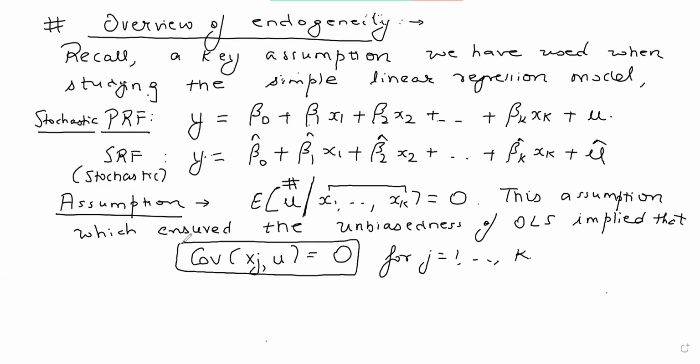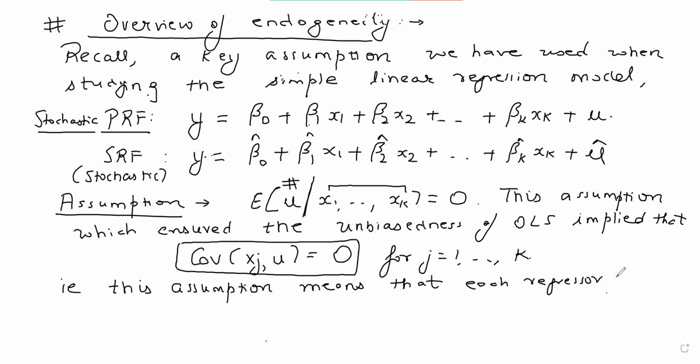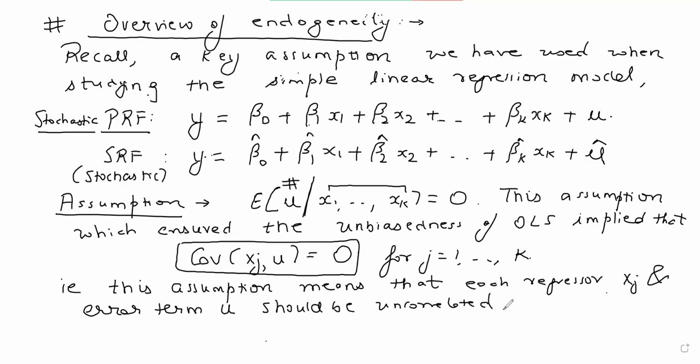When I violate this assumption, we come to endogeneity. This assumption means that each regressor xj and the error term u should be uncorrelated. They should not be correlated to each other.